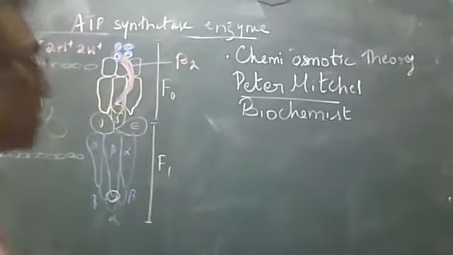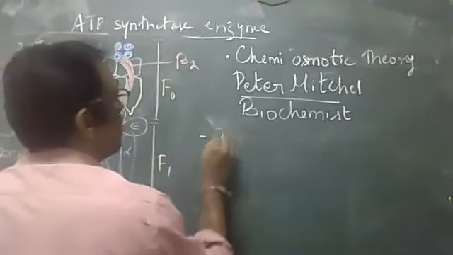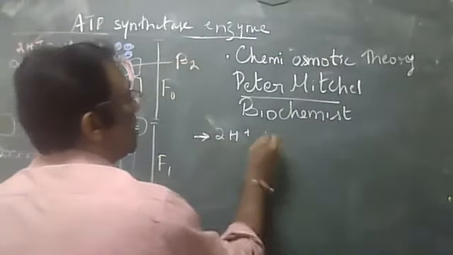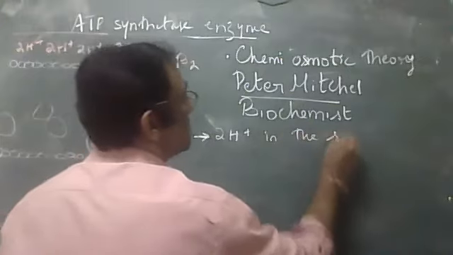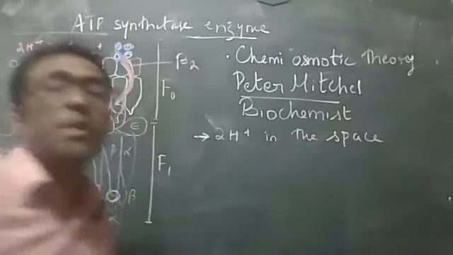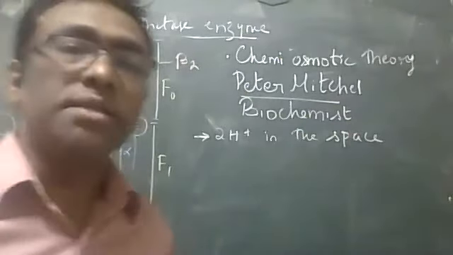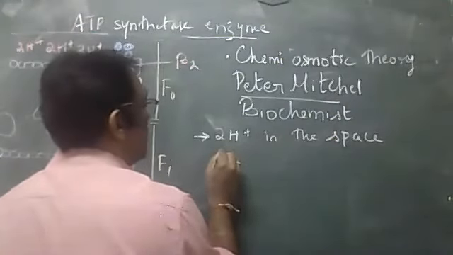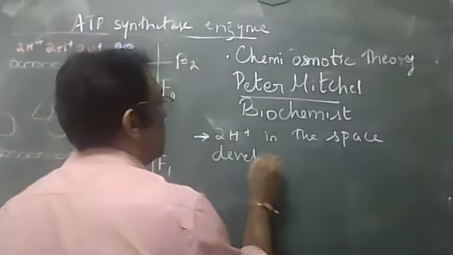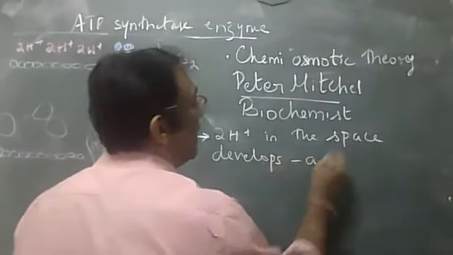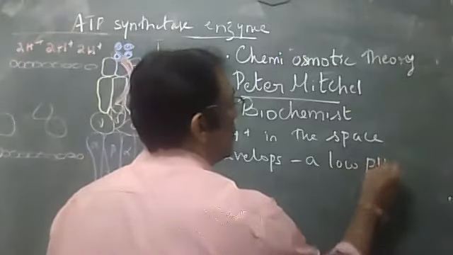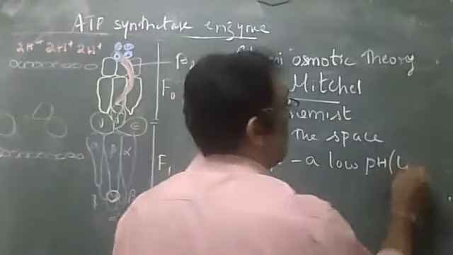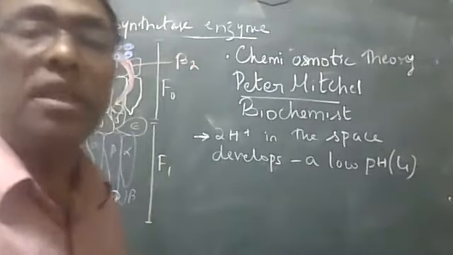What's the meaning of this? He says, as the first point, that the protons in the space, it can be the intermembrane space or periplasmic space, develop low pH. Low pH means it can be pH 4, for example.